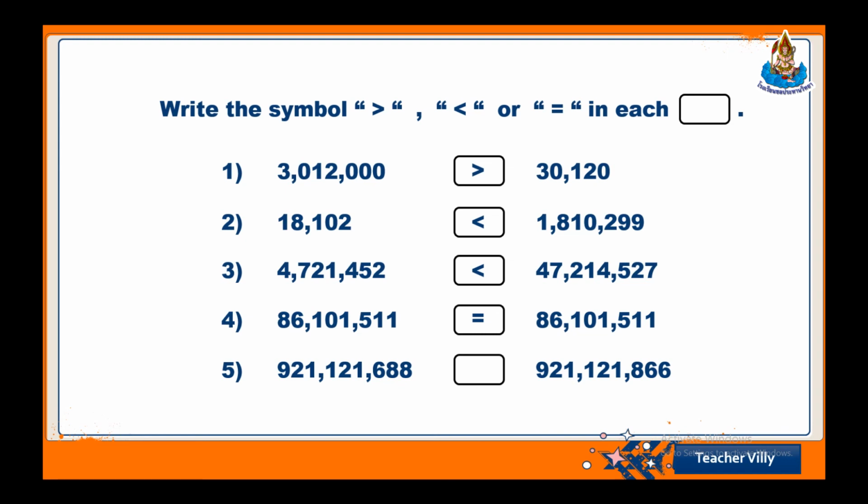Number 5. 921,121,688 is less than 921,121,866. Excellent.